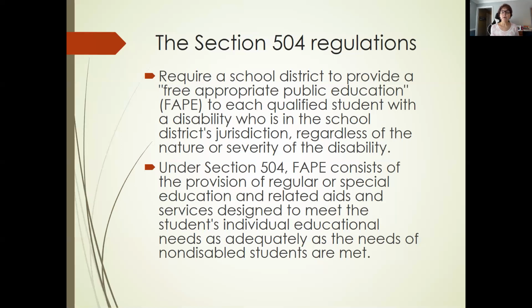Now, the appropriate and adequately comes into play here. If the child is functioning perfectly fine on their own and making adequate progress along with their peers, then the school is not required to develop a special program. There's a very famous case, and you'll learn this in law class, where a kindergartner's parent said she's not reaching her potential.